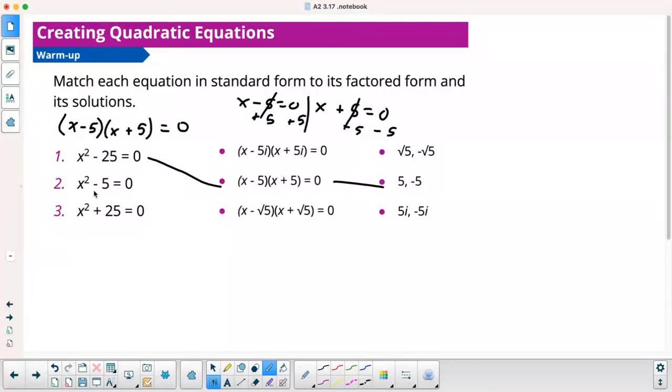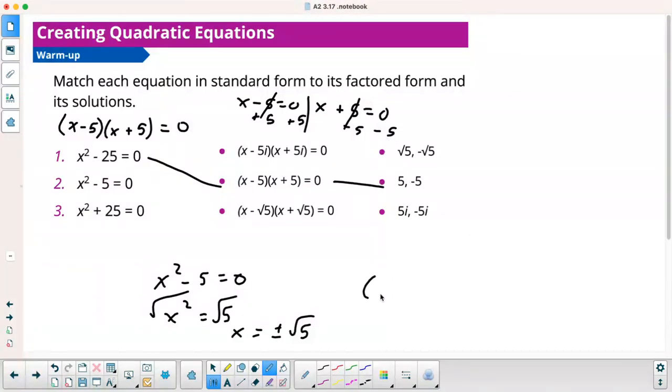Over here, x squared minus 5 equals 0. Maybe if I move the 5 over this time, instead of factoring it, because this isn't a perfect square, and get x squared equals 5. So I get x equals positive and negative radical 5. So we know this number 2 is going to have these here.